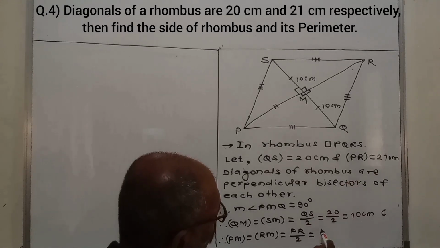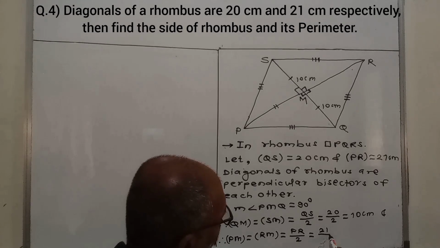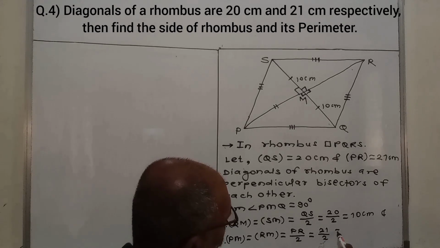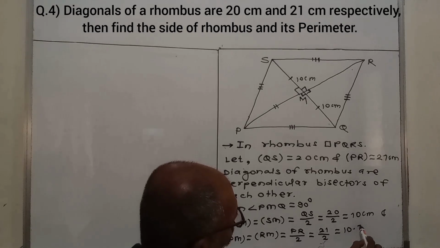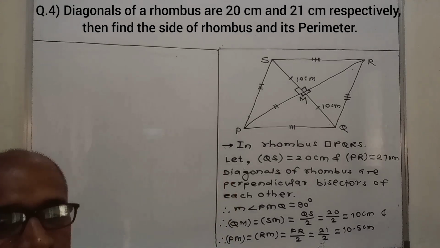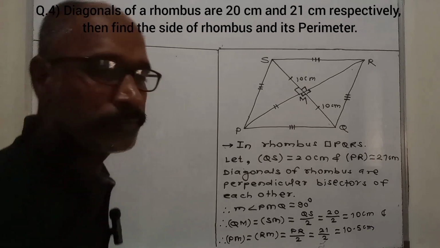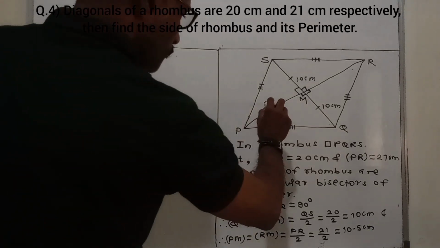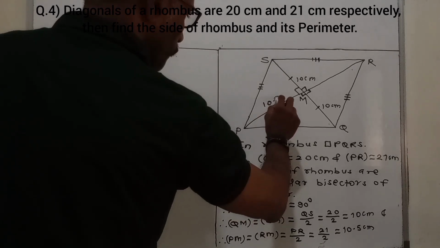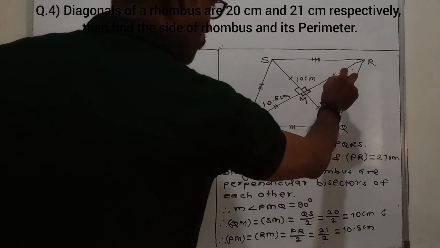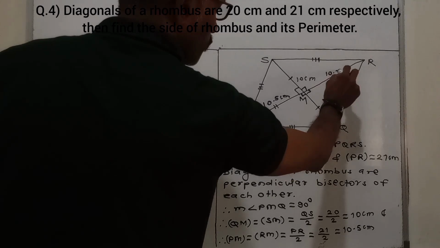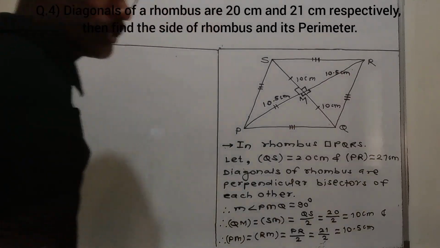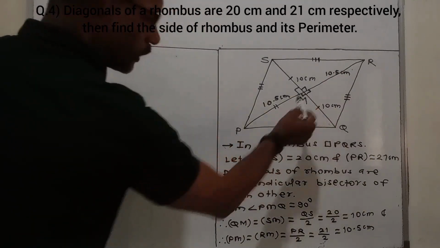PR upon 2 means 21 upon 2 is equal to 10.5 centimeters. Did you get it? Now I will write here 10.5 and here also 10.5 centimeters. Now this is a right angle triangle.